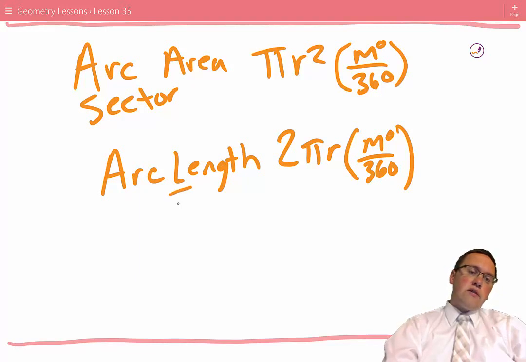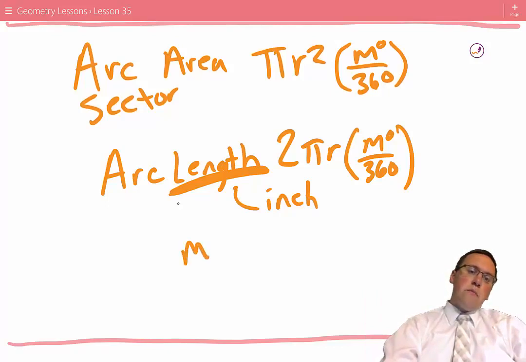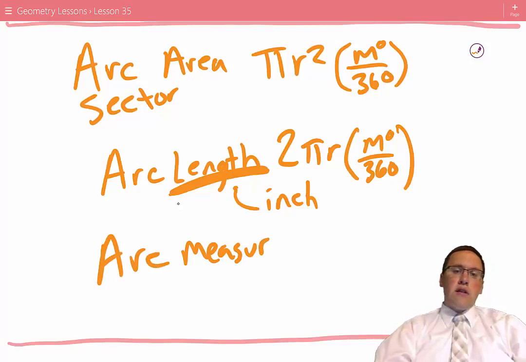But like I said earlier, when you're asked for the length, that's in inches or some other unit. When you're asked for the measure, the arc measure, well, that's equal to the central angle.